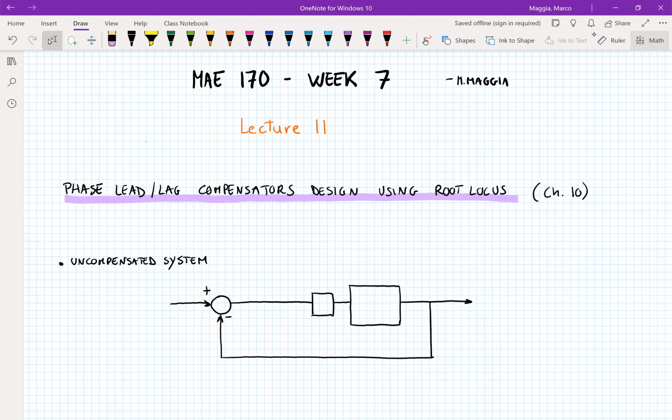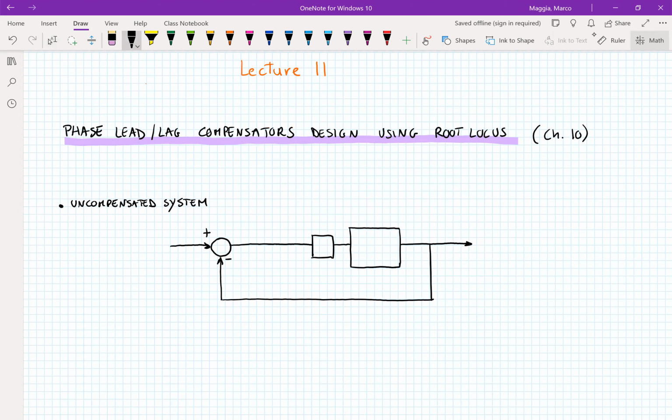And in fact, the name compensator comes from the fact that a non-compensated system, so let's say that we have a plant with its transfer function, usually G(s), and we have the opportunity of regulating the gain, the constant K. We close the loop and we see that our system does not meet the requirements that we would like it to meet.